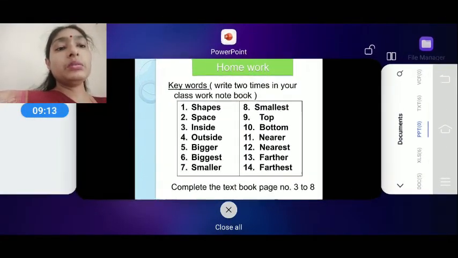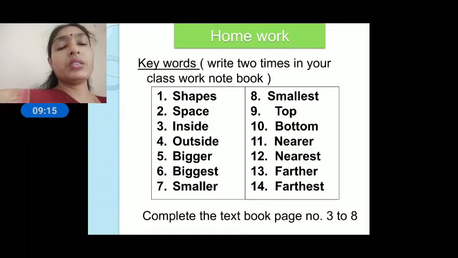Now we will see the homework. Okay. This is your homework. First, you will write neatly the date, then the chapter name, then all these keywords neatly.